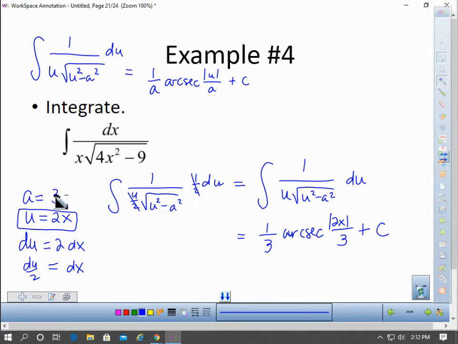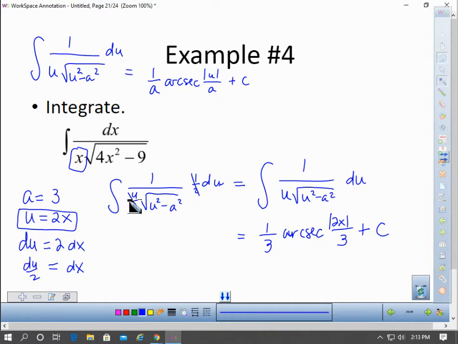So you'll notice when I found my a and my u and my du, I took my derivative to find my du, and then I solved for dx. And then I'm replacing everything to get it to match this rule up here just perfectly. So when I did that, I had to replace this x right here by solving for x, which is u divided by 2.